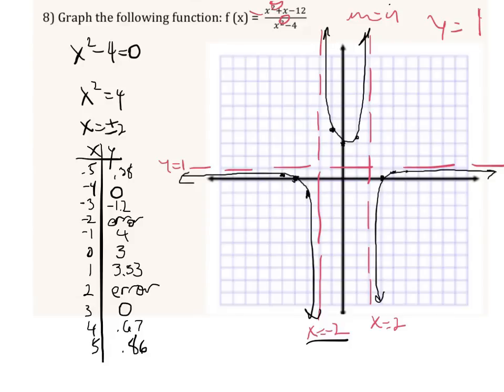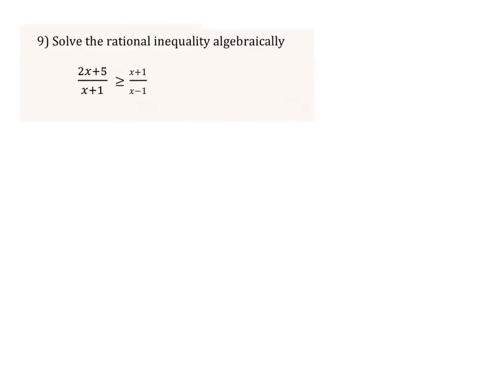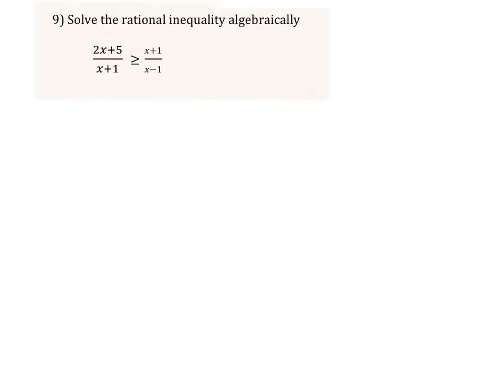I want to make sure that your asymptotes are labeled and drawn in with dashed lines. You got an X and Y chart, and you follow all the steps. Okay, so we're going to multiply. We're going to solve this by algebra.